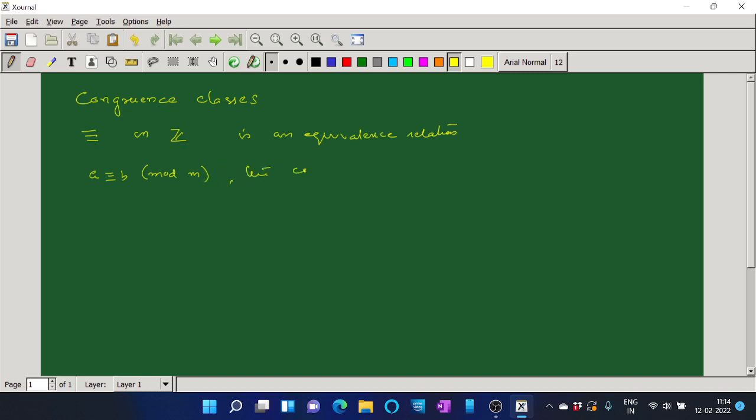The congruence modulo m relation is reflexive. That is, for every a in the set, a is congruent to a modulo m.